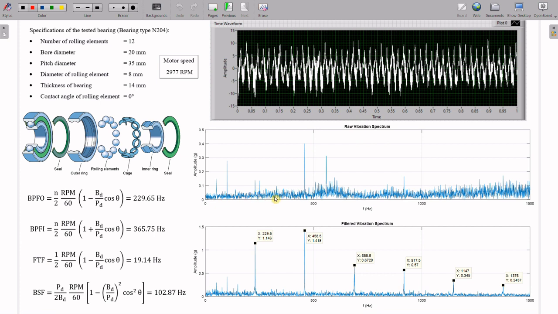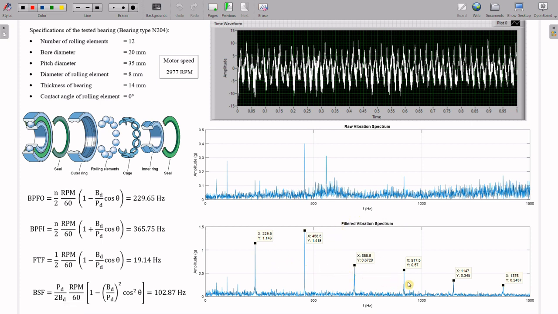In the raw vibration spectrum, you see there is a lot of noise, and we don't like it. Therefore, we will perform a filtering technique to remove this noise. In this module, we use a bandpass filter to remove this noise and also to emphasize bearing failure frequencies. As a result of the filtering process, we get this filtered vibration spectrum.